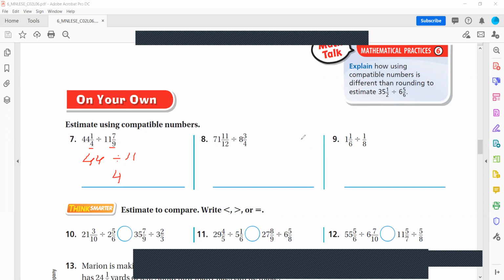Now here 8 3/4 is almost like 9 because this is not 8.5. If I ask you to pour 8 3/4 glasses, you will put 8 glasses and then 3/4 glass means almost 9, right? Nearby to 9. So this is 9 and I can take this as 72. 72 divided by 9, what is it? It is 8.